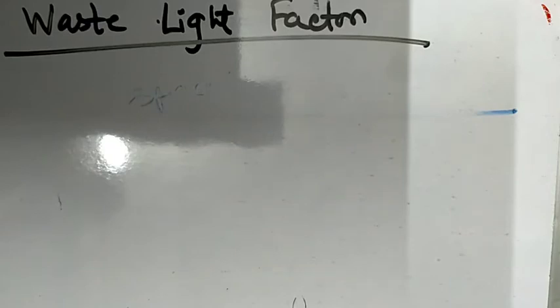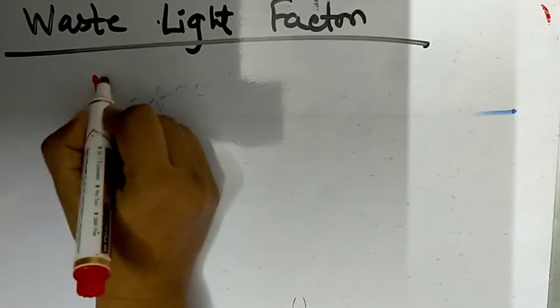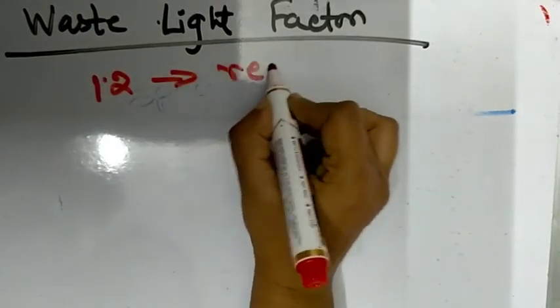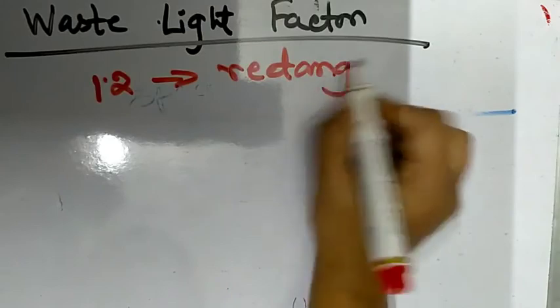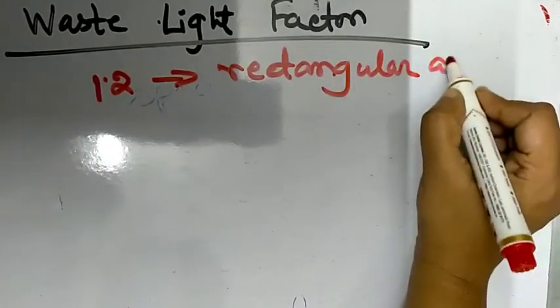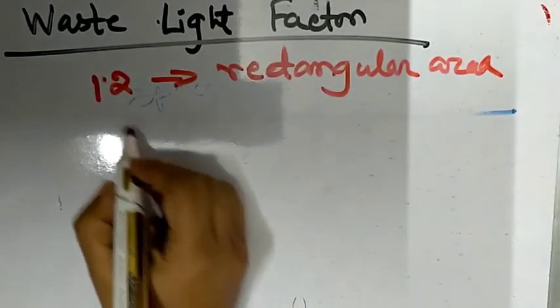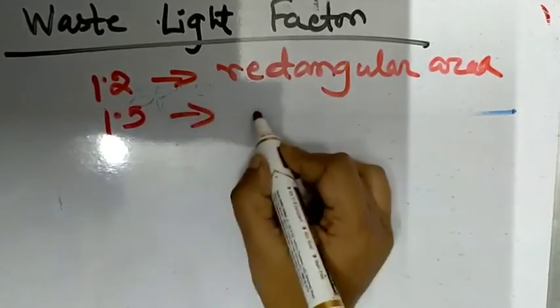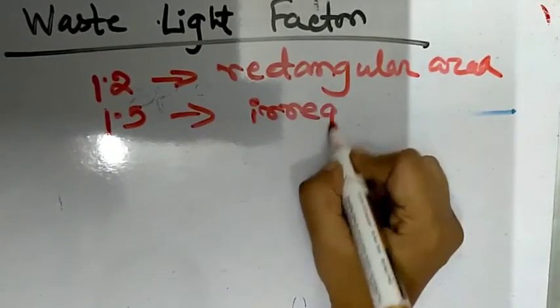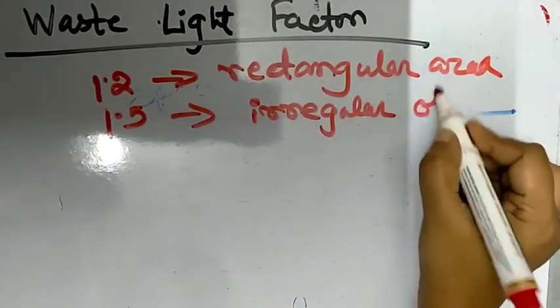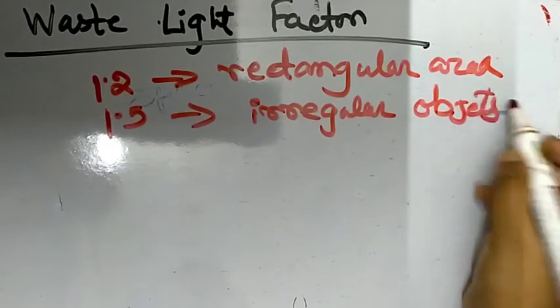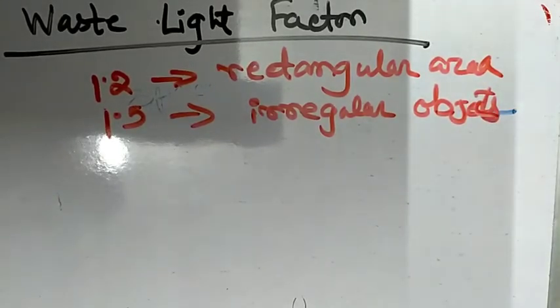The value of this waste light factor is 1.2 for rectangular areas, and 1.5 for irregular objects such as statues, monuments, etc.